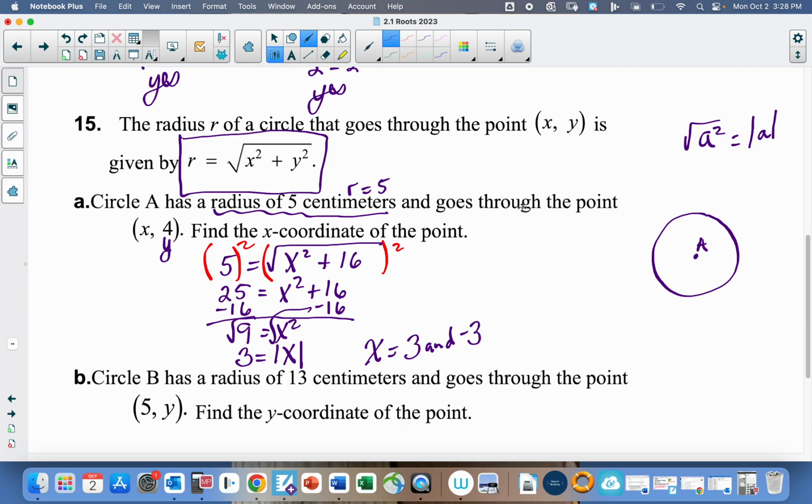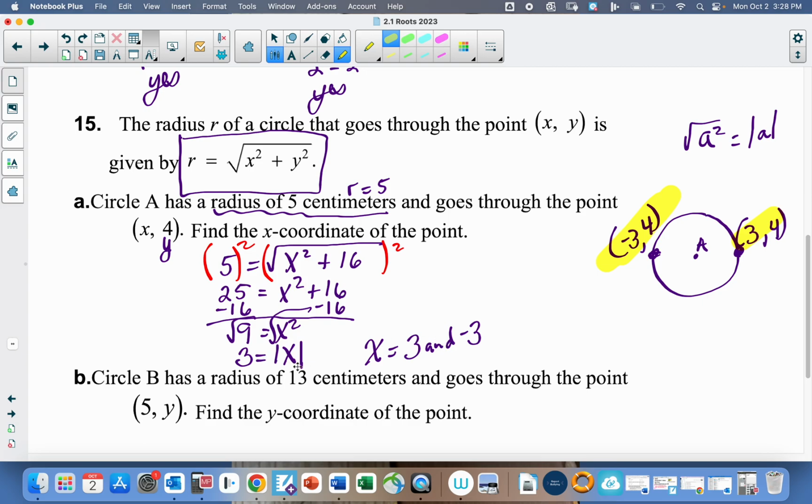Which means that the points that I can find on this circle, there's 2 of them. One is when it's a positive 3, so 3 comma 4, and the other is when it's a negative 3 comma 4. So I actually have 2 solutions.